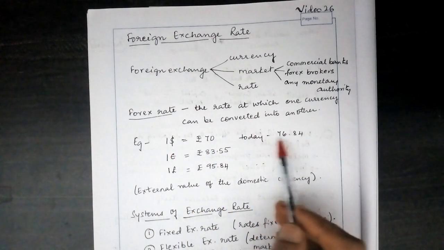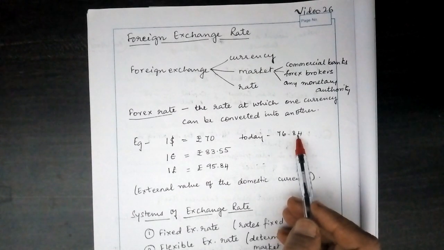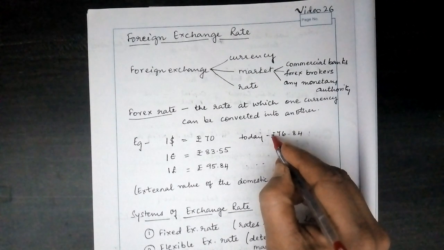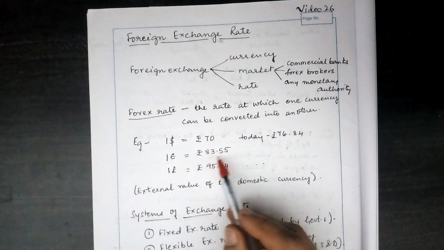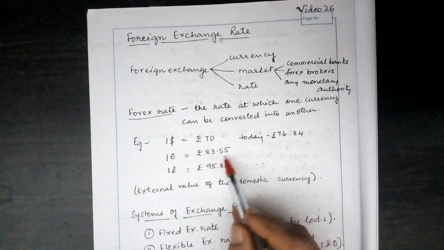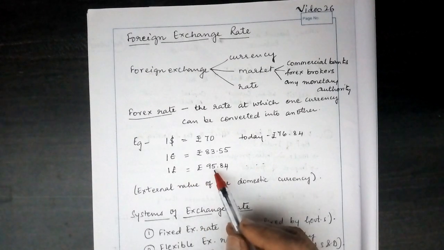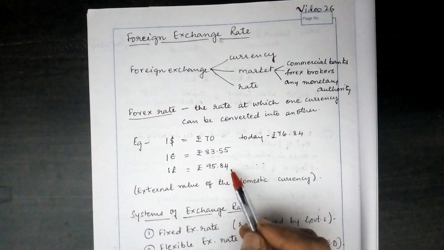Today the dollar is 76 rupees 84 paise. 1 euro costs 83 rupees 55 paise. 1 pound costs 95 rupees 84 paise.